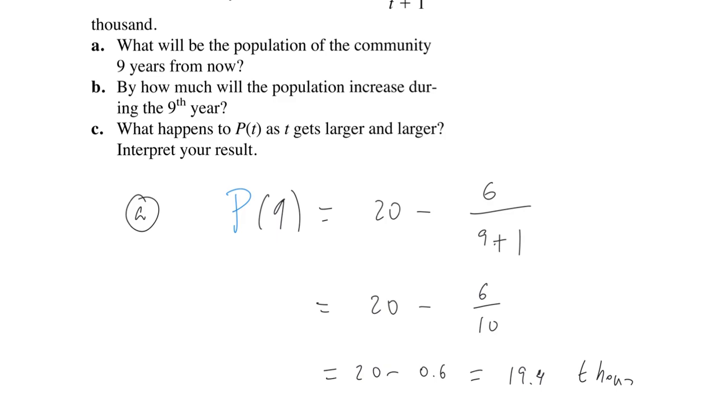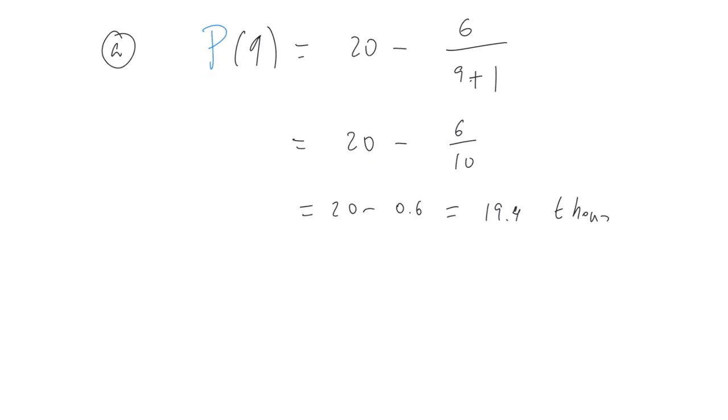Question B says, by how much will the population increase during the 9 years? During the 9 years, you need to find P of 9 minus P of 8. This is the increase of the population in the 9th year.